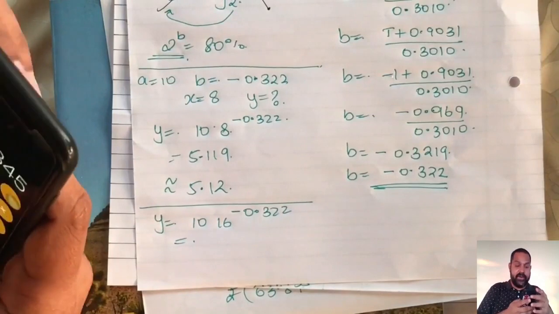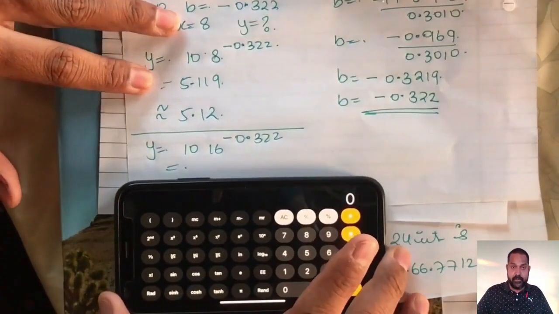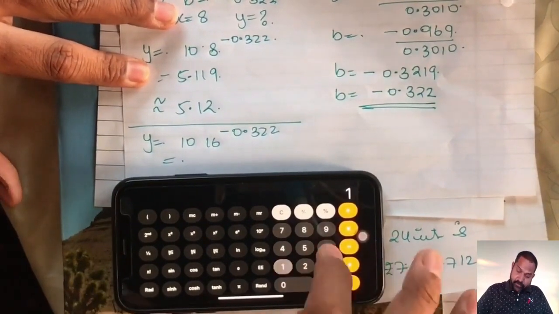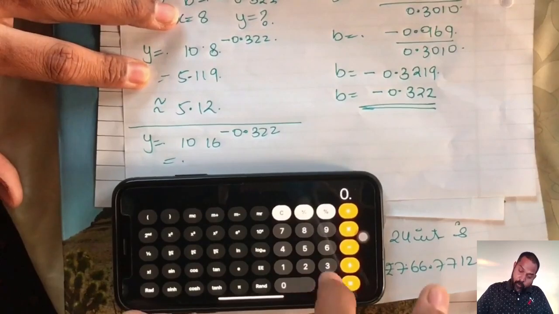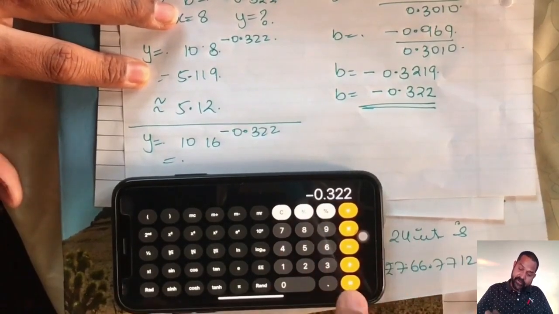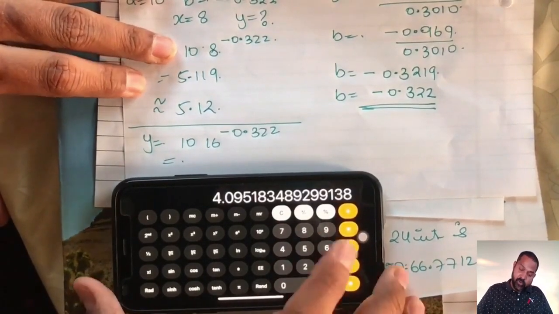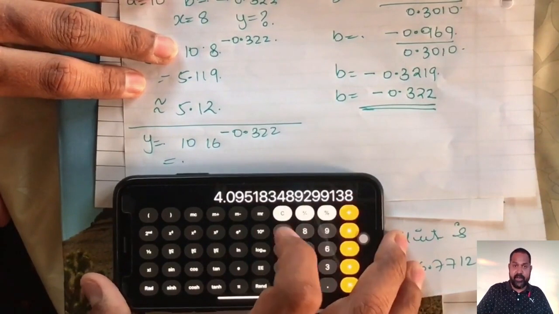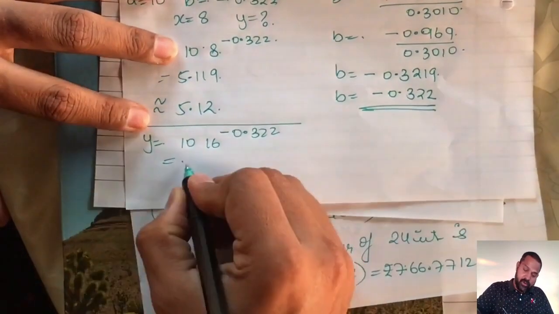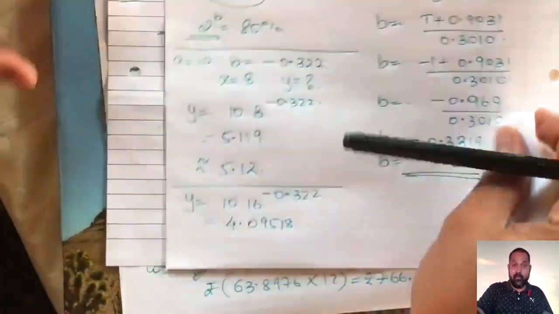So in the calculator, I'm going to say that this is 16 raised to a 0.322 but negative, multiply that by 10. What do you get? Or 4.095. Is that correct? 18. So a 4.09518. What is the actual answer according to your logic?